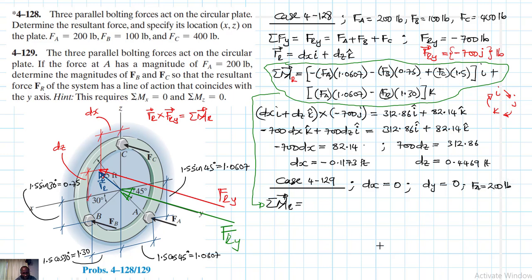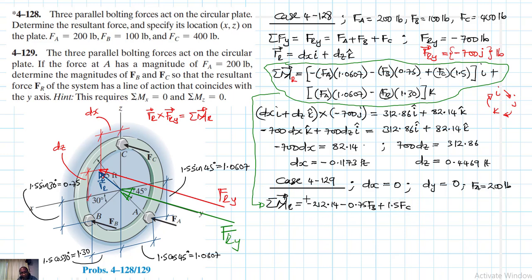So we'll have minus 200 by 1.667, so we'll have a minus 212.14. Then the rest will just be unknown: 0.75 FB plus 1.5 FC.